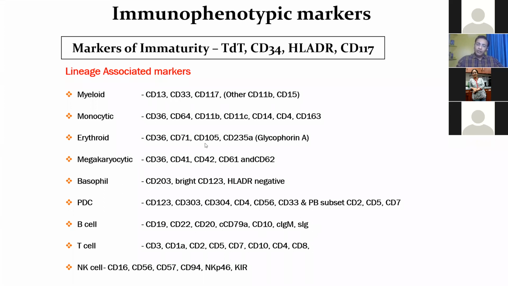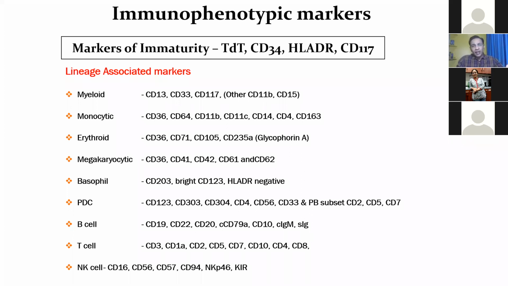For T cells, we use CD3, CD1, 2. Basically, single-digit CD antibodies are usually used as T cell markers, like 1, 2, 3, 4, 5, 6, 7, 8. These are the markers which are easy to remember. And for NK cells, we use CD16, 56, CD94, 57.